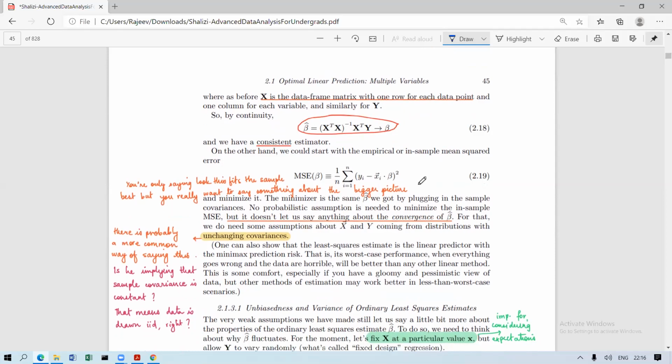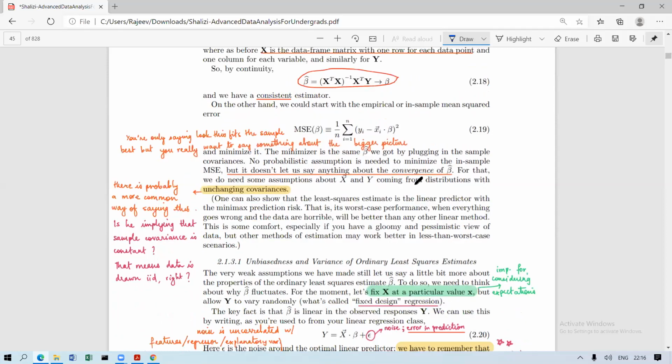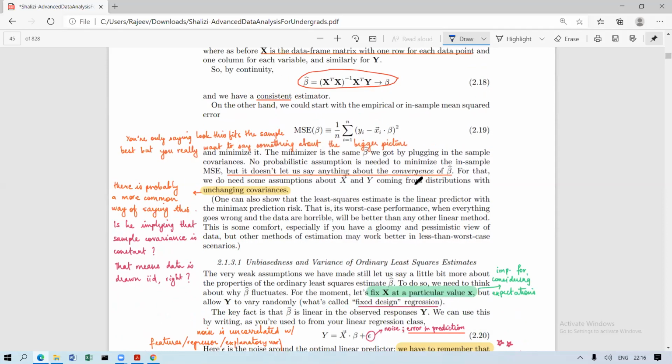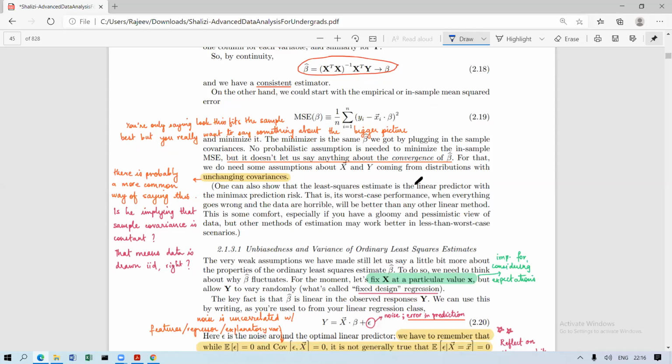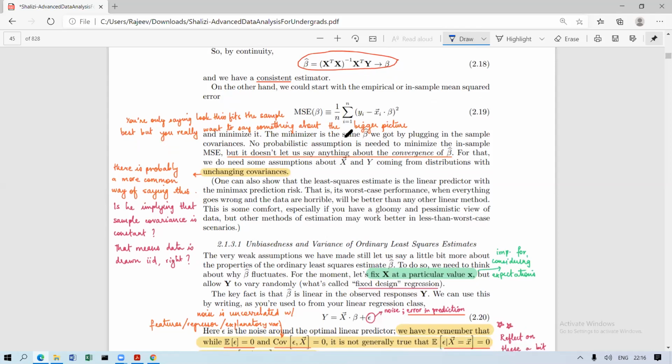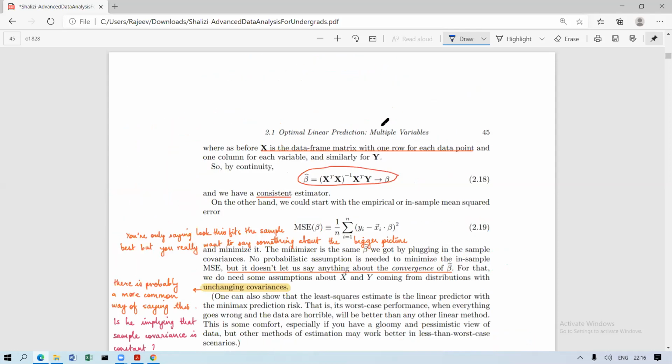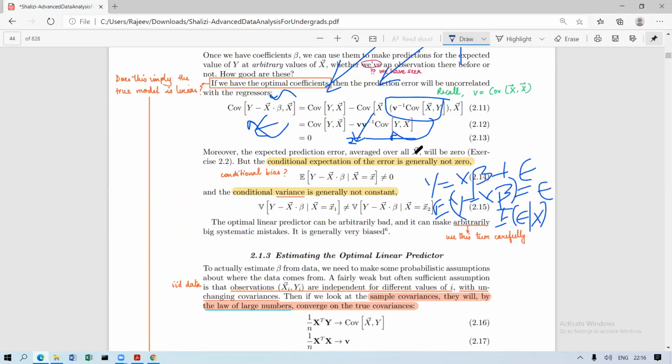You just expand this out. And this is what the best fit, that is the slope of this line, is.